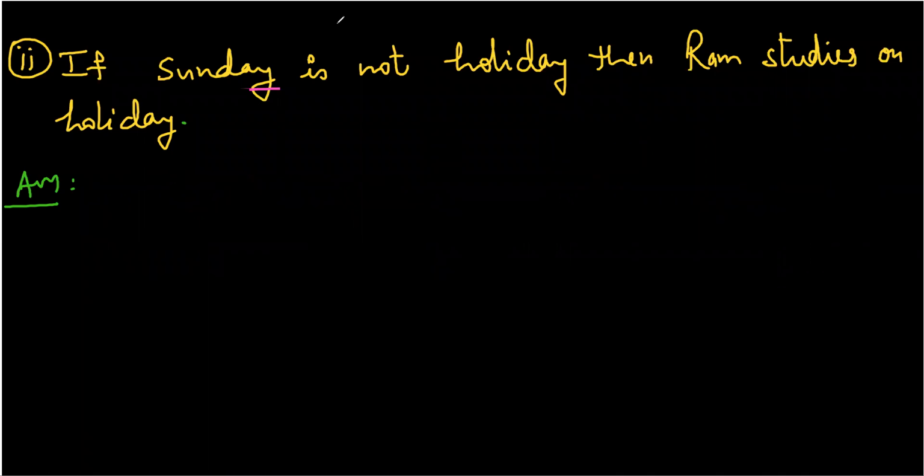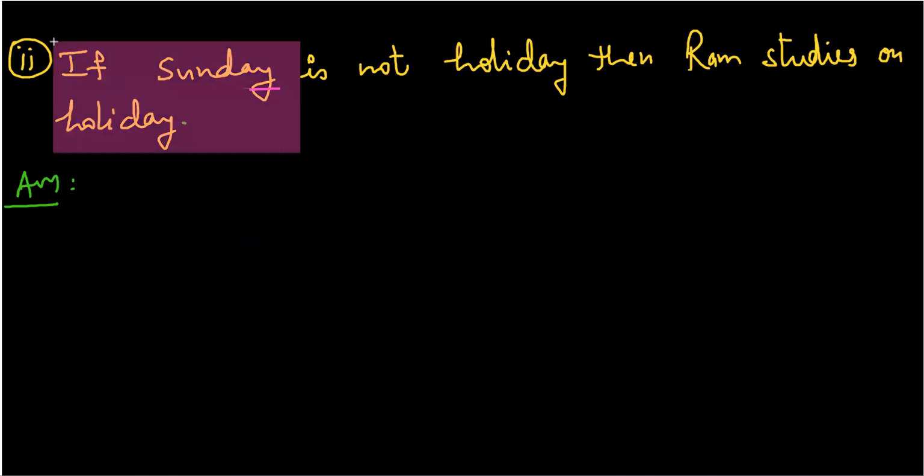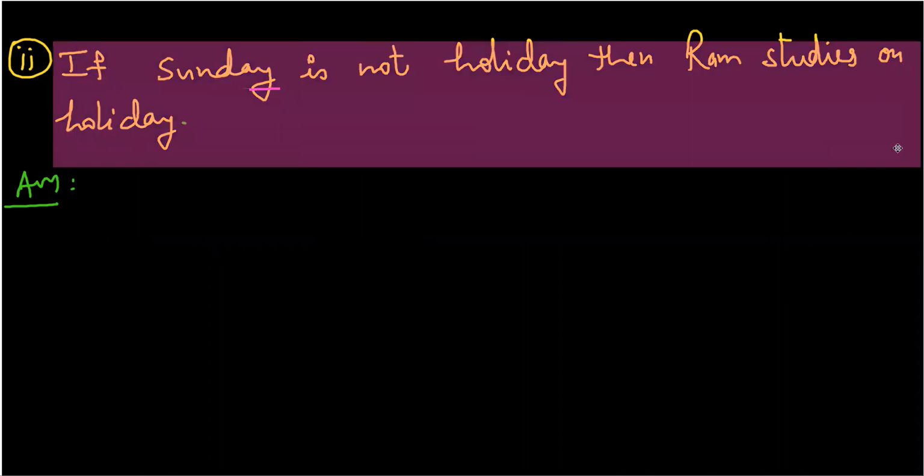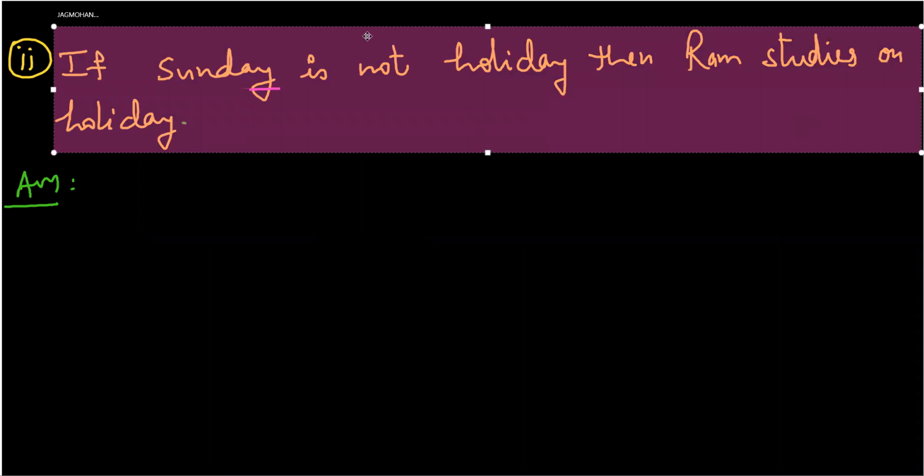First of all, what I understand students here is that the given statement here is an implication statement. What kind of statement is this? This is an implication statement. Why? Because I have here if this, then this. Okay, so Sunday is not holiday.